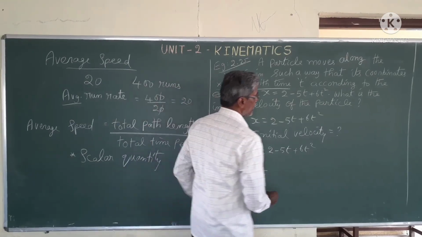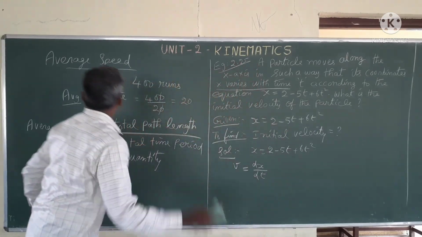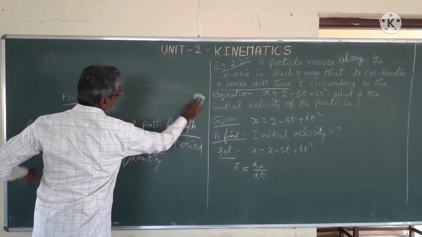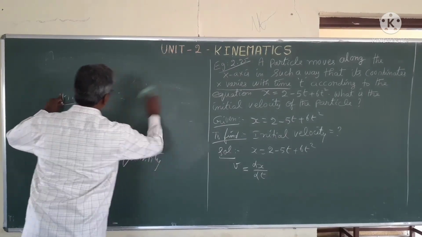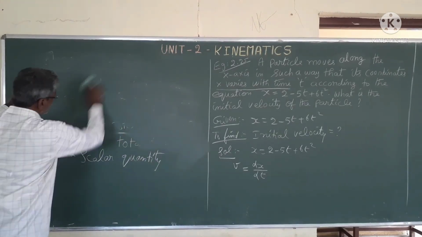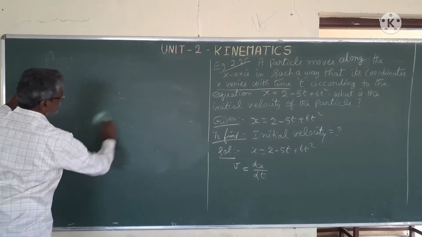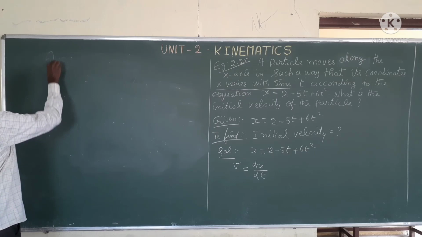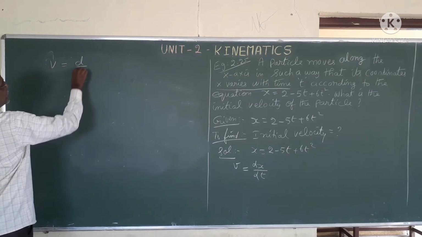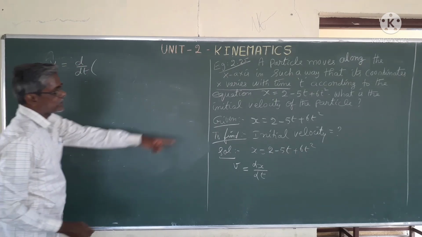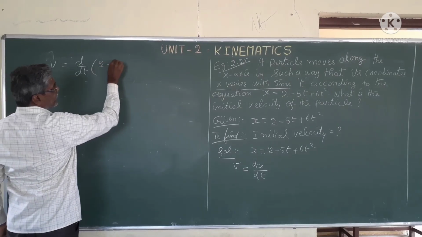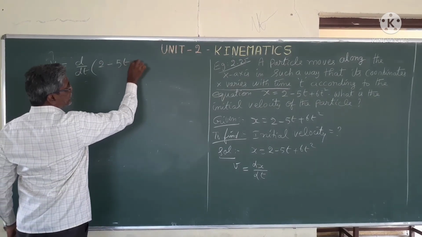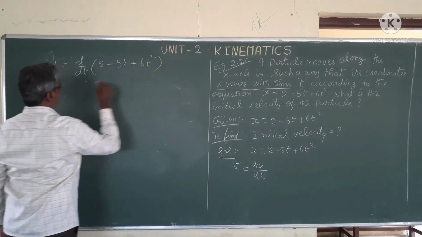So I can write v is equal to d by dt of the x value, 2 minus 5t plus 6t square.